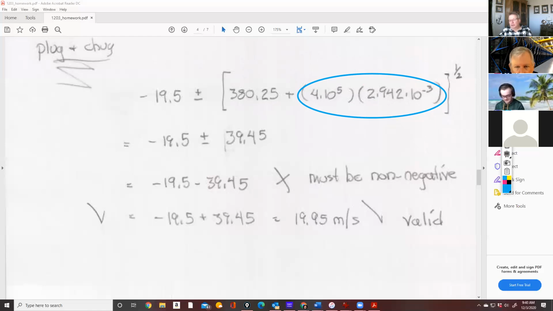Just so you know, Jim, every time you do exponential, this should always be an x. So 4 times 10 to the fifth times 2.94. This is going to be 10 squared, 10 to the third. This is probably going to be bigger, isn't it?